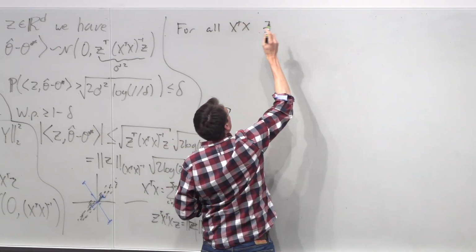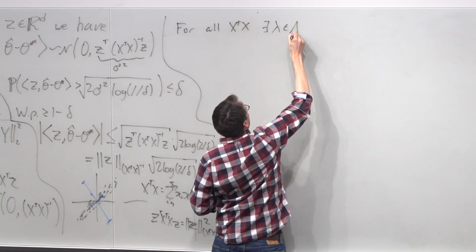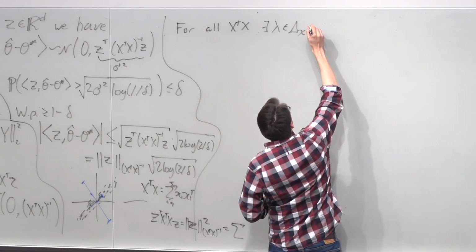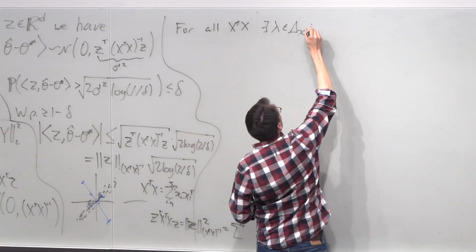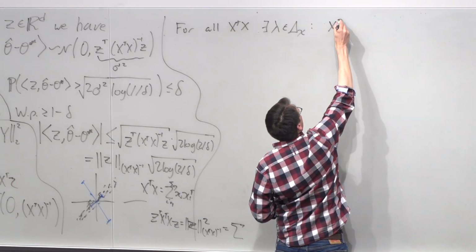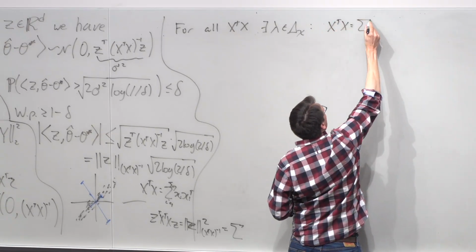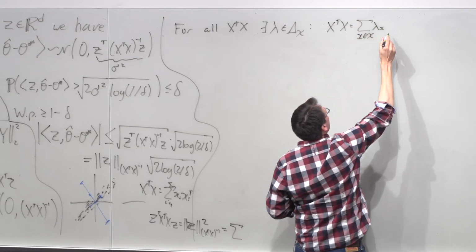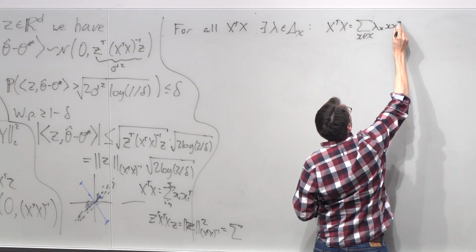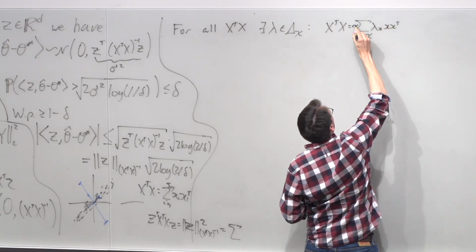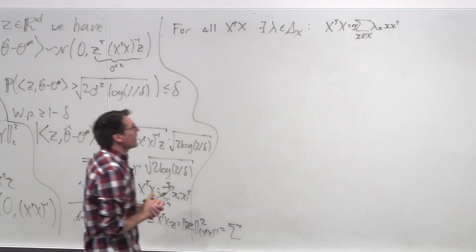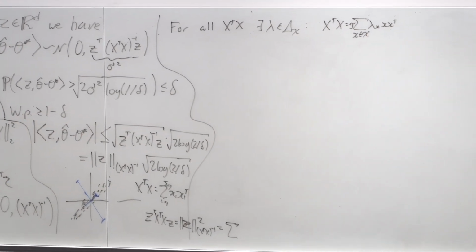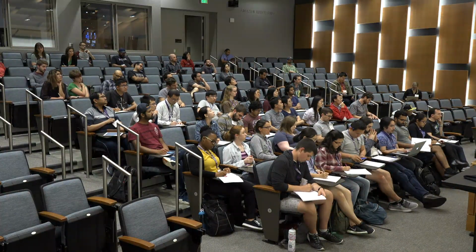there exists a lambda in the simplex such that x transpose x is equal to the sum over x in big X of lambda x times x x transpose, all times tau, because there's tau vectors in big X. There's tau of these that I chose.